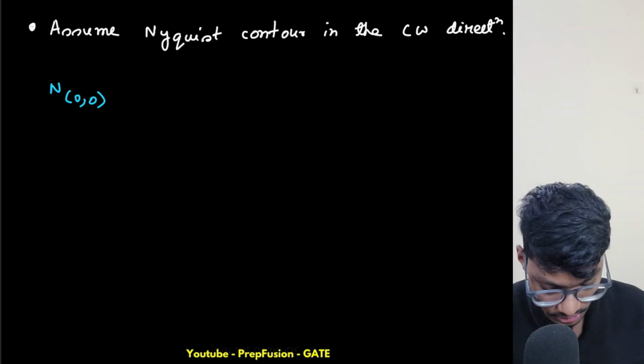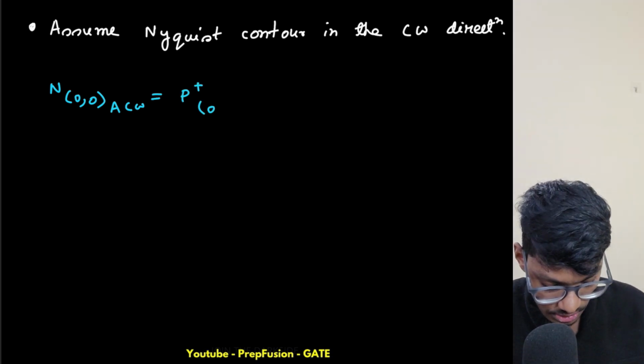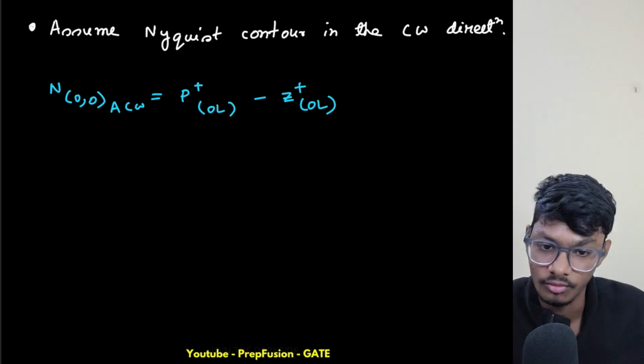If we assume the Nyquist contour in the clockwise direction, that means this encirclement will be in the anti-clockwise direction, and the formula will be P plus OL minus Z plus OL. So formula is like this.